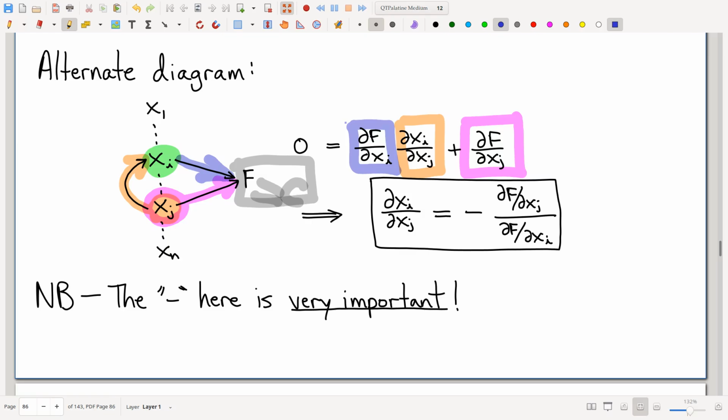But wait a minute. The whole point of this exercise is that we were looking at a level set of f. F is not allowed to change. So these two different paths leading to two different contributions to the change in f, well, they have to add up to no change in f because f is not allowed to change.